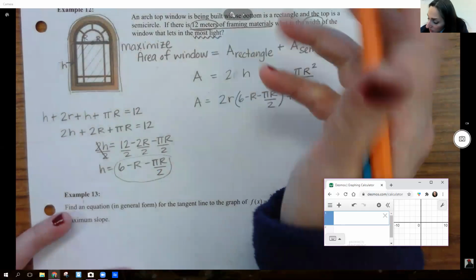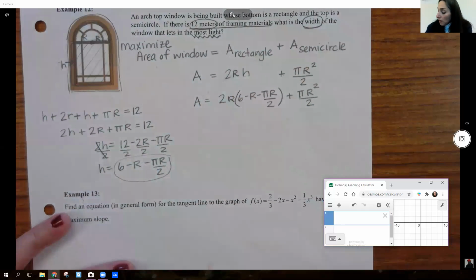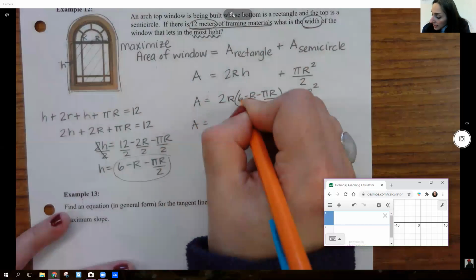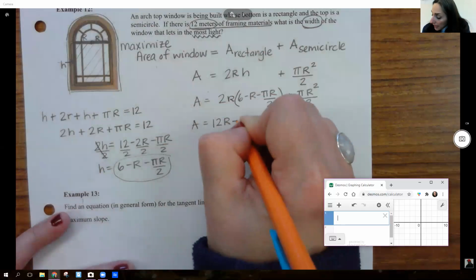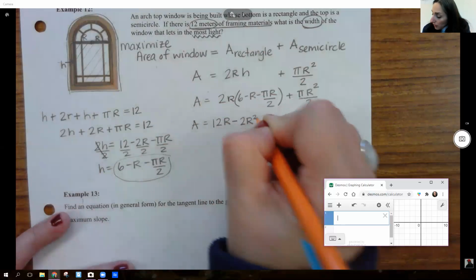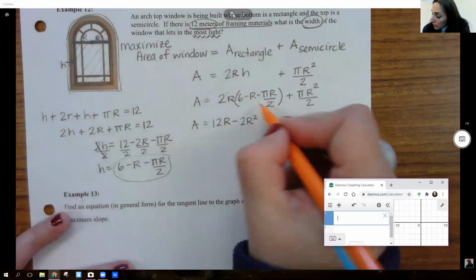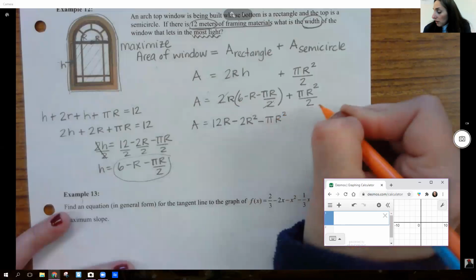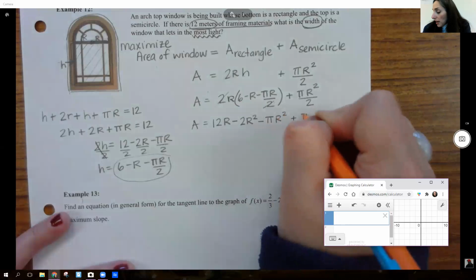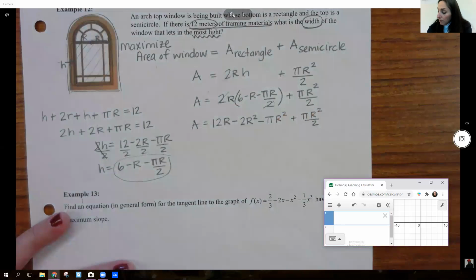So this is going to be 6 times 2r, 12r, minus 2r squared. And then these 2's are going to go. So this will be minus pi r squared plus pi r squared over 2, like that.